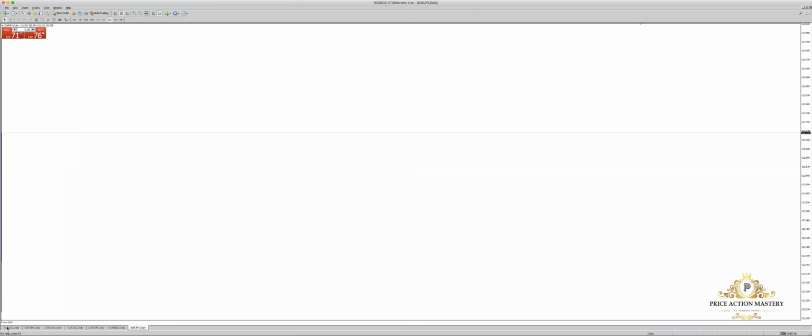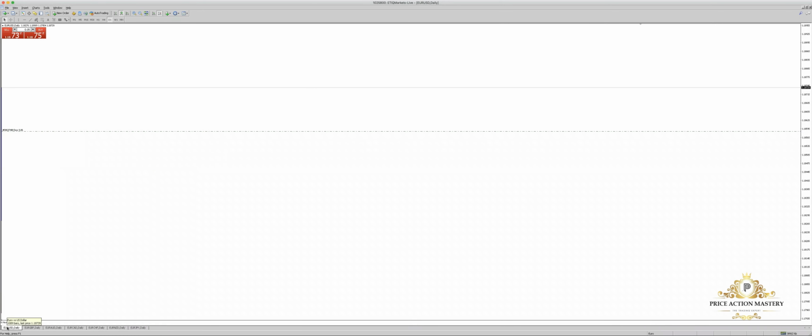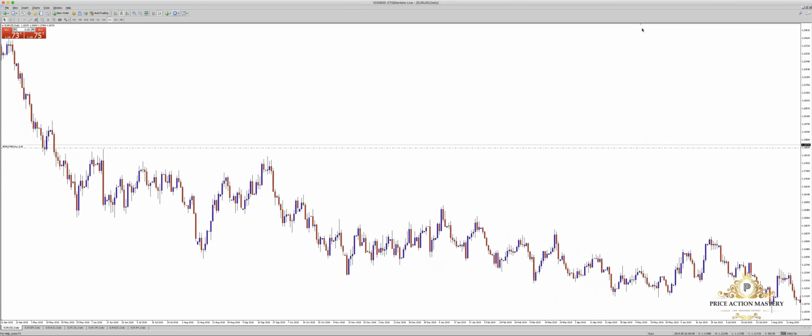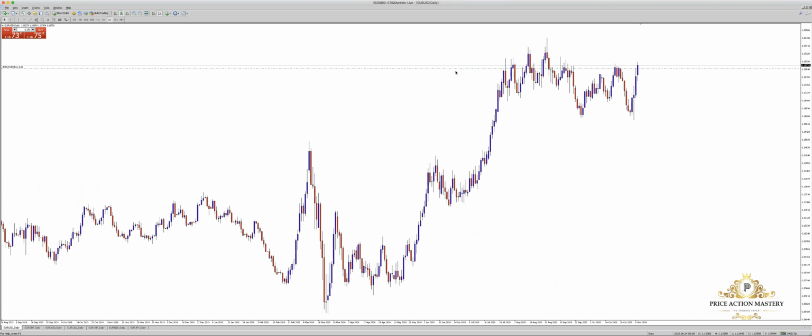Let's get into the Euro pairs. First is EUR/USD. Personally, I see the market going to achieve at least this level.